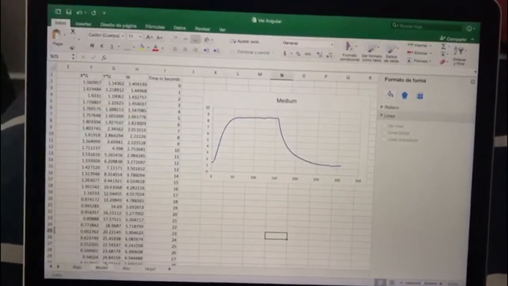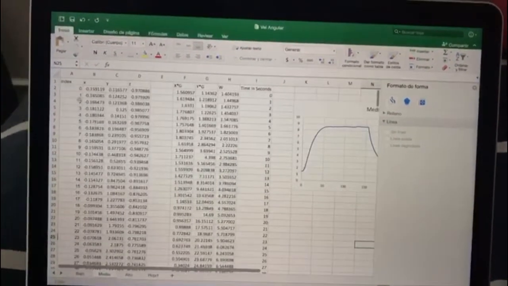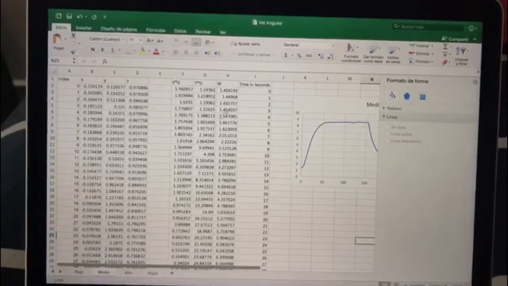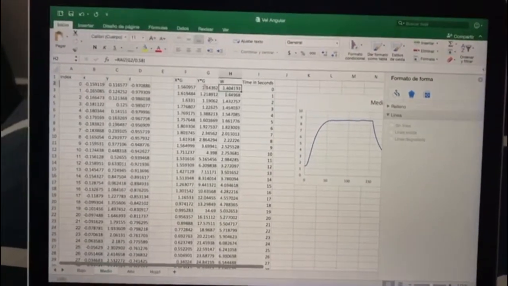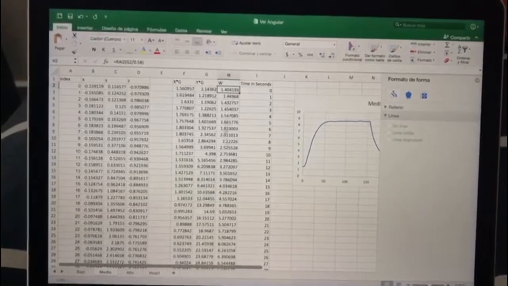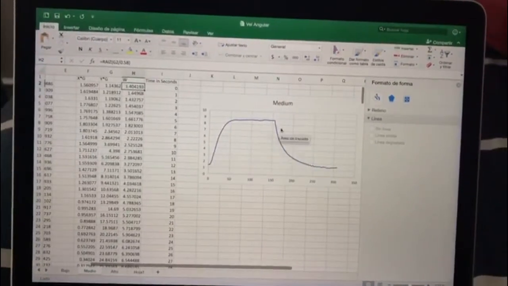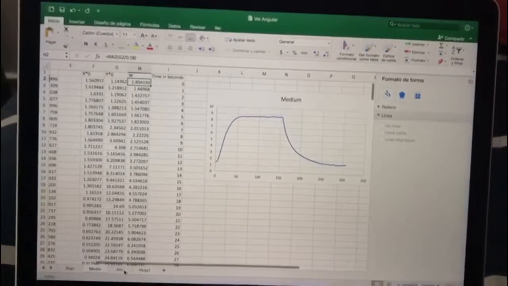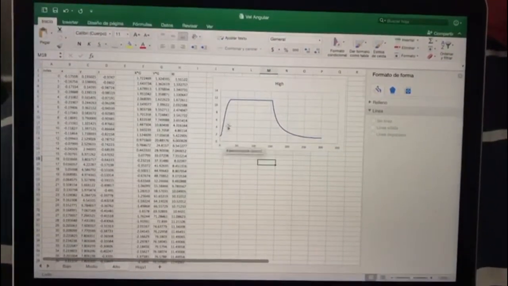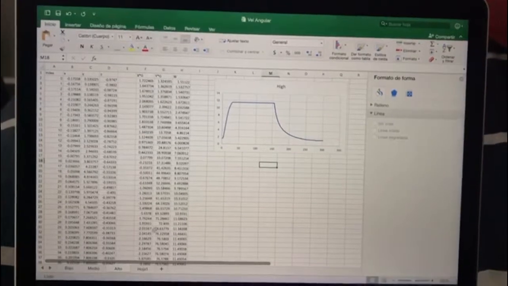We did the same for the medium one. We have our values, then we got Y, and according to the acceleration we got w, and here we have the graph for the medium speed, and last, for the high speed, we have this.